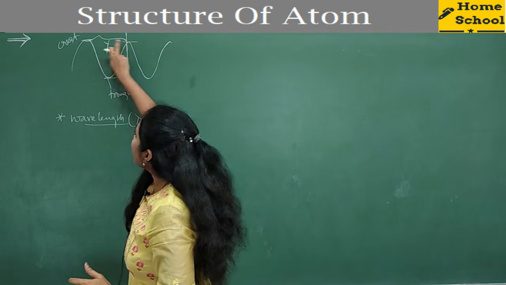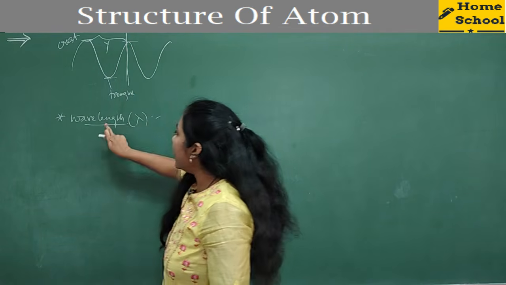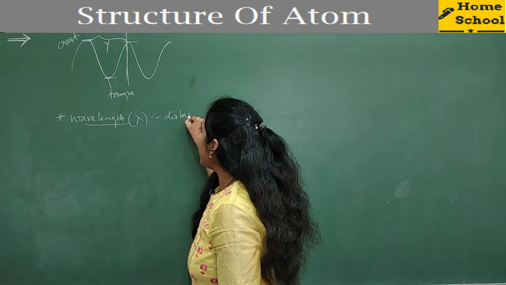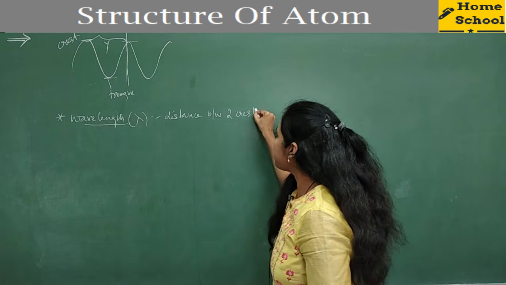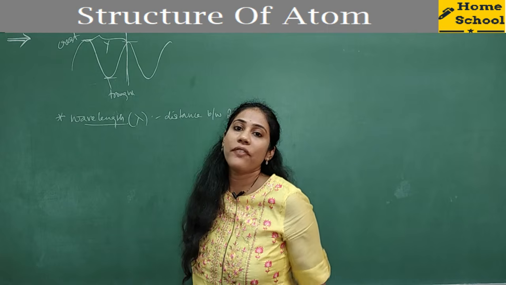The distance between two crests in a wave is called the wavelength. So what is a wavelength? It is nothing but the distance between two crests, or the distance between two troughs.